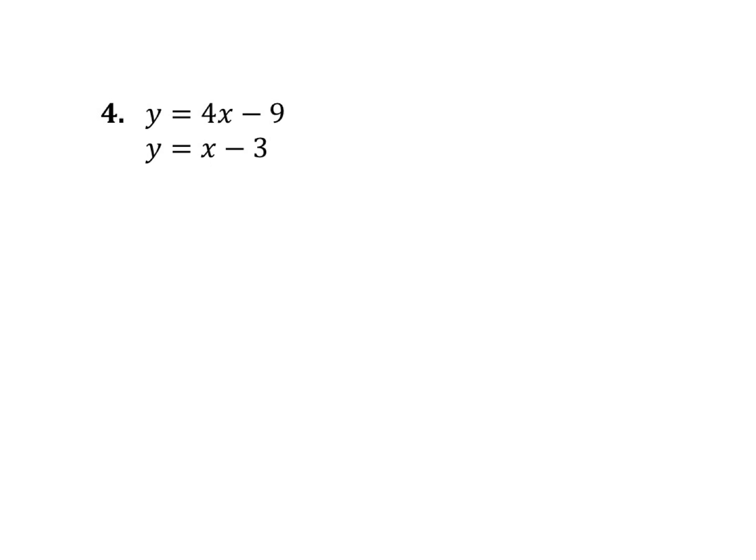All right, question number 4, we have y is equal to 4x minus 9, and we have y is equal to x minus 3. Notice that we have y is equal to two different things. If we look at this as a substitution, we could substitute in this top y where we see the y here. So we're taking both of these expressions and putting them equal to each other. So I have 4x minus 9, and that's going to be equal to x minus 3.